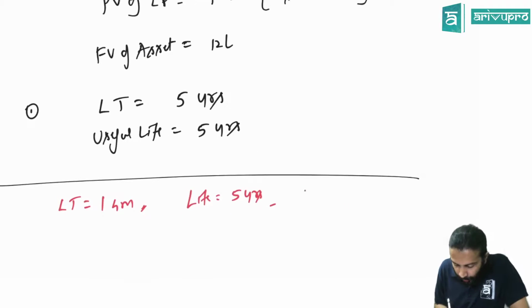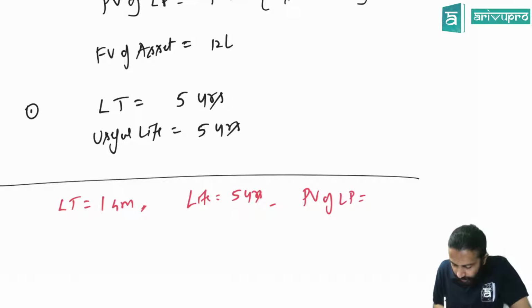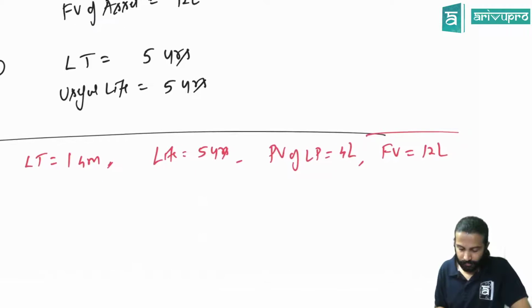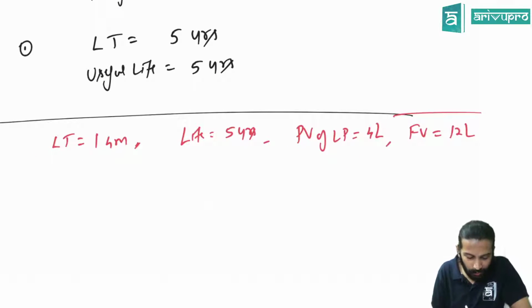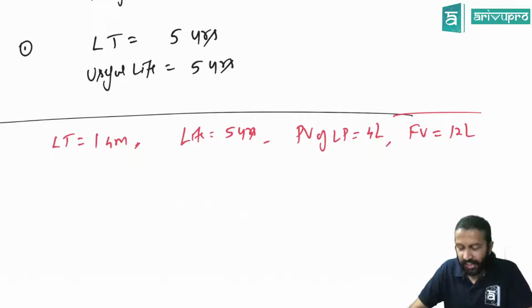The present value of lease payment, I'm not giving total lease payment. I'm giving you present value of lease payment itself here. Let's say that is 4 lakh rupees. And the fair value of the asset is 12 lakh rupees. This is the scenario. Now, can you tell me, according to AS 19, whether you used to treat this as a finance lease or an operating lease?